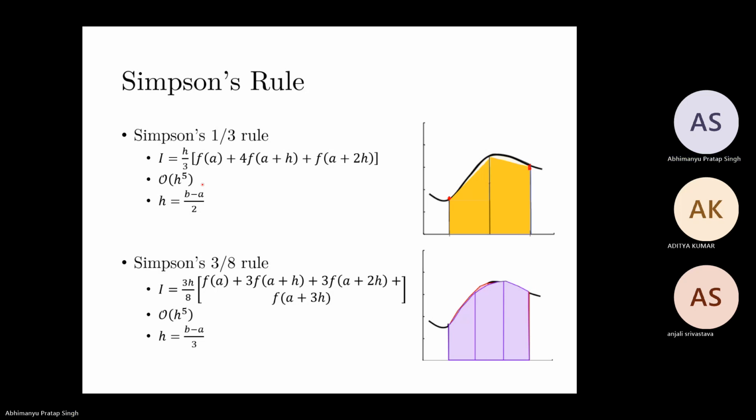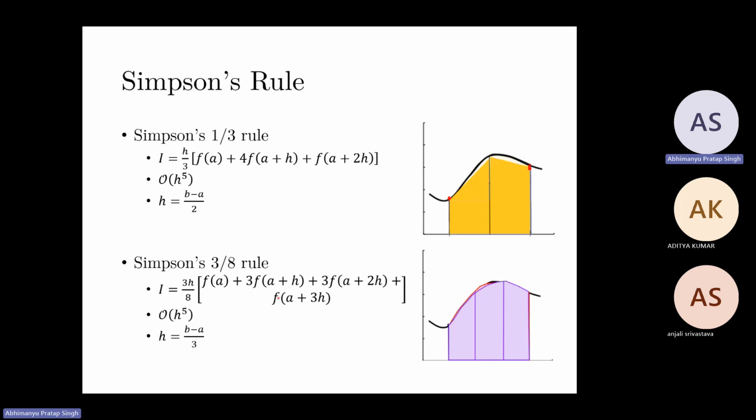Okay. The next one is Simpson's 3/8 rule. So this is an improvement over the 1/3 rule. In this case, we are approximating the entire curve using a third order polynomial. So we have ax cube plus bx square plus cx plus d. So we have 4 unknowns. So we need 4 number of points, right? So which is why we take 4 points in the Simpson's 3/8 rule, right?